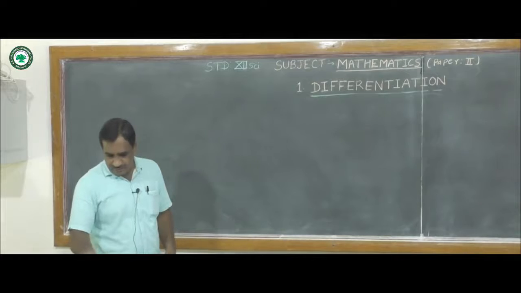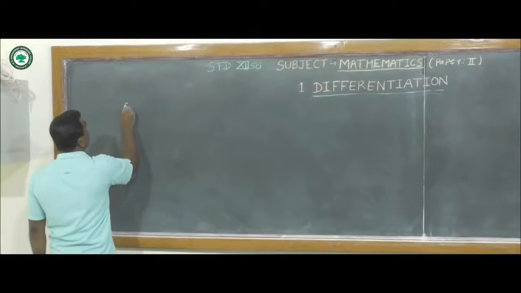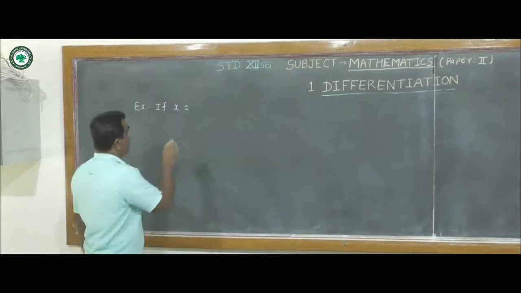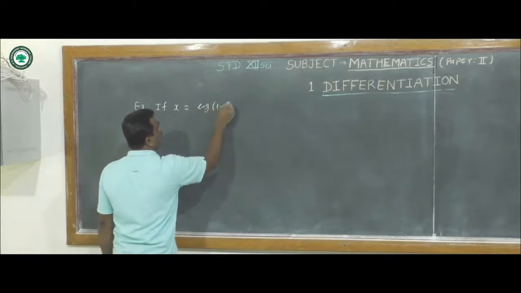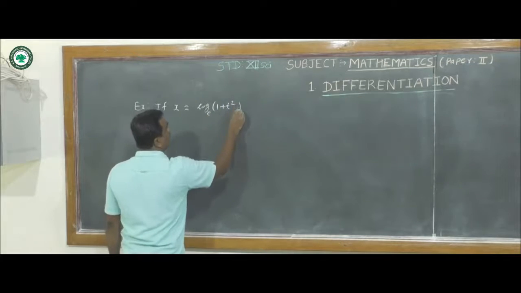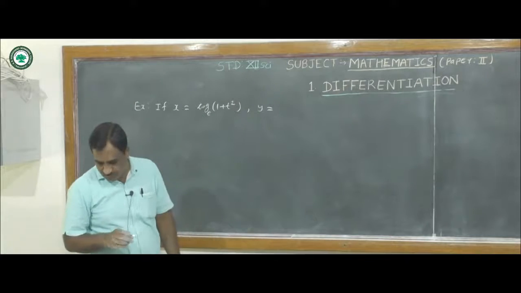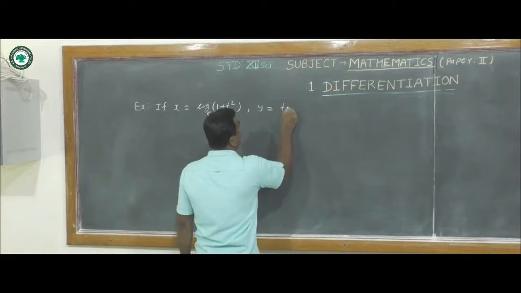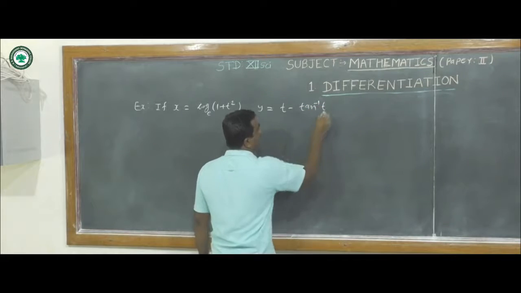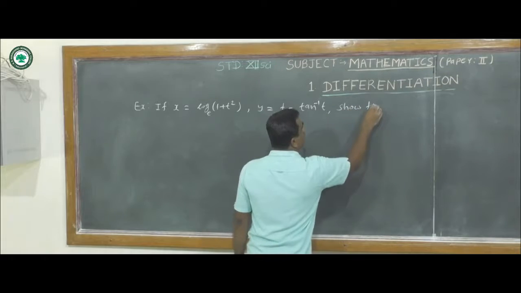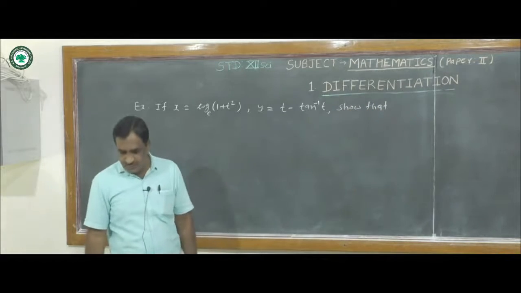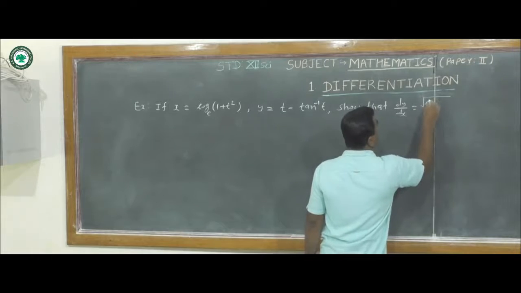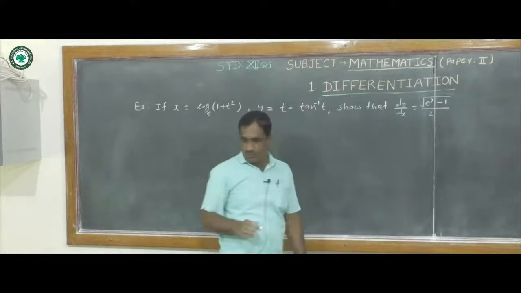Now the next example is, if x is equal to log of 1 plus t square to the base e, and y is equal to t minus tan inverse of t, then show that dy upon dx equal to under root e raised to x minus 1 upon 2.